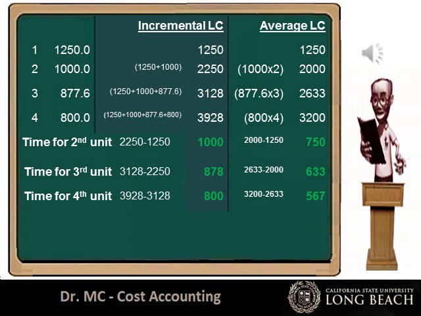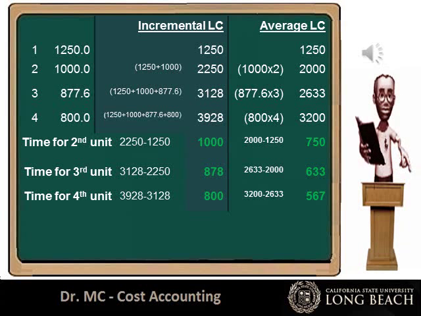Similarly, it took 3128 hours to make 3 units and 2250 hours to make 2 units. 3128 minus 2250 gives you the time it takes to make the third unit, which is 878 hours.